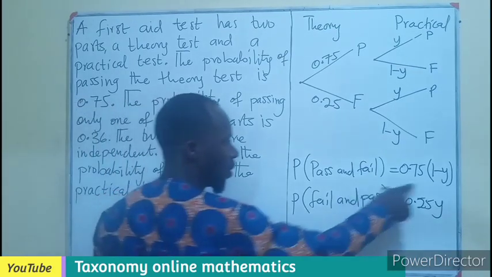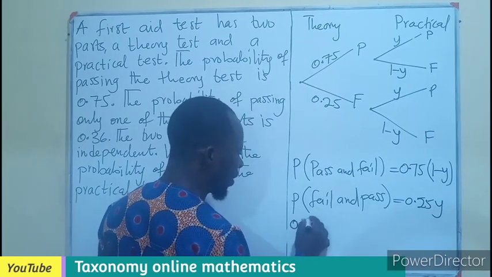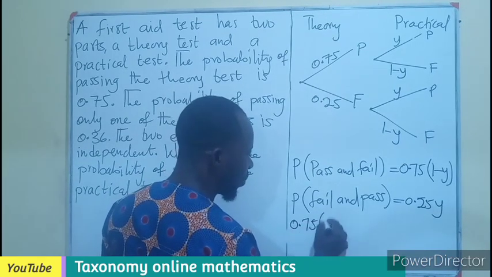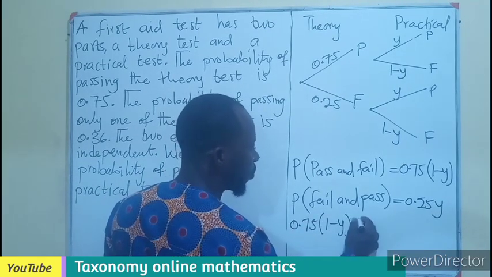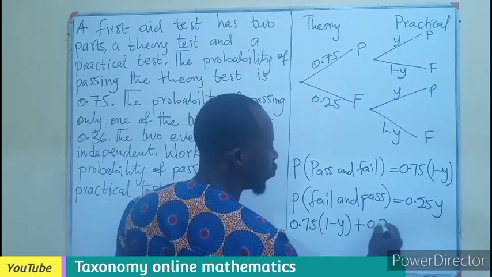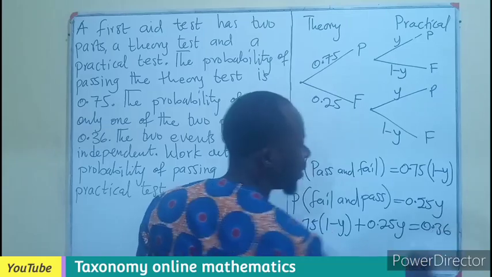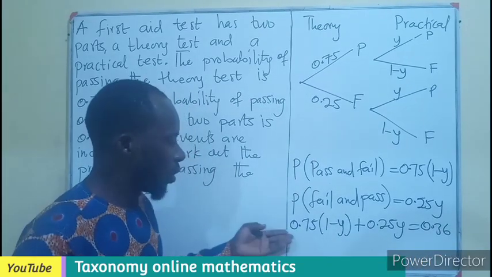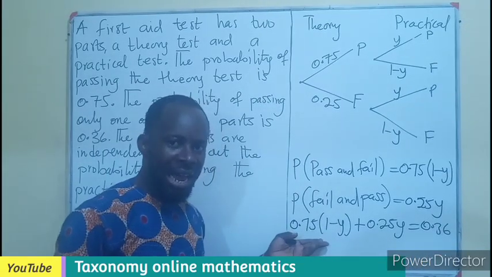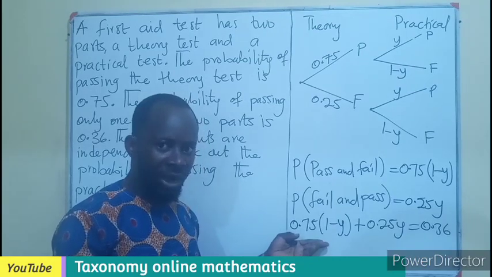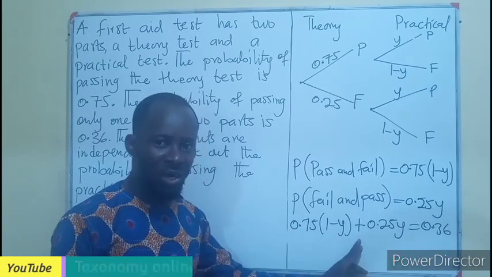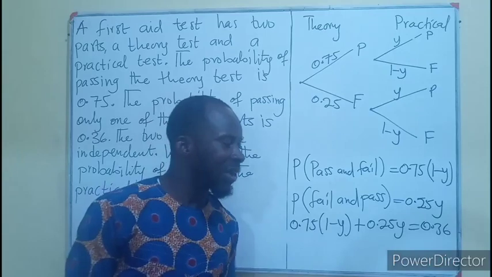So in all, I'll be having 0.75 multiplied by 1 minus y, plus 0.25y, that will give us 0.36. So the multiplication law and the addition law come into play to give us 0.36.